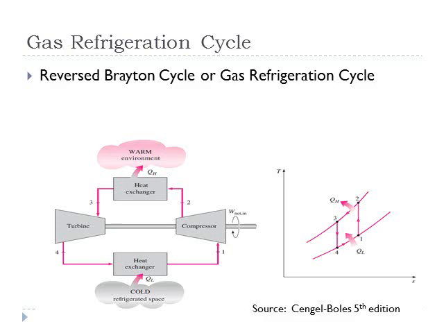But during this process the pressure remains constant, so it is a constant pressure heat rejection process. At 3, the refrigerant will enter into a turbine, where it will expand from 3 to 4.